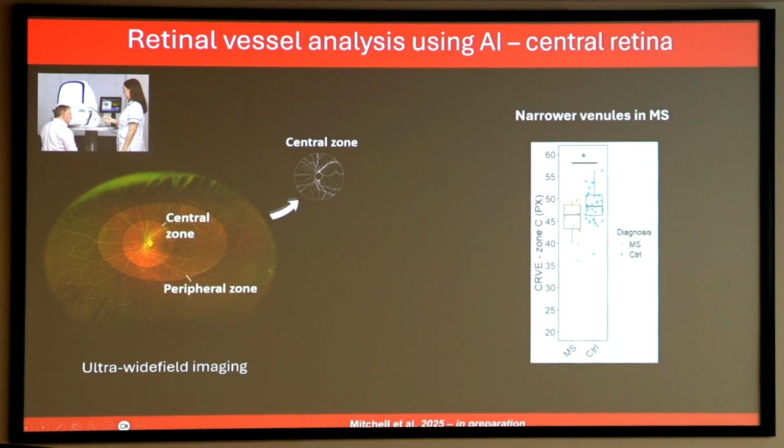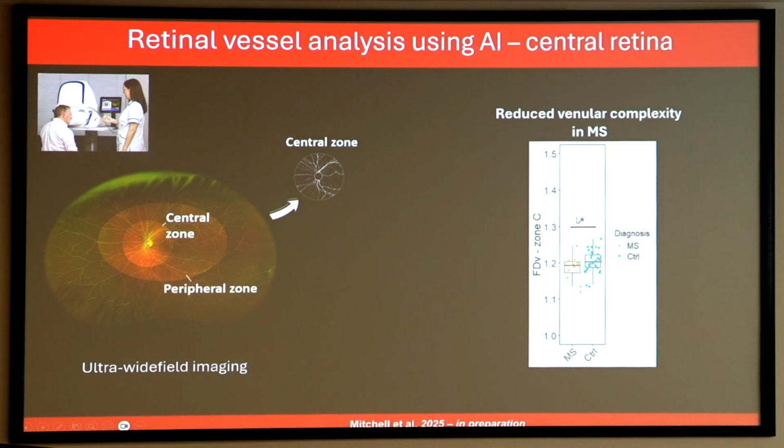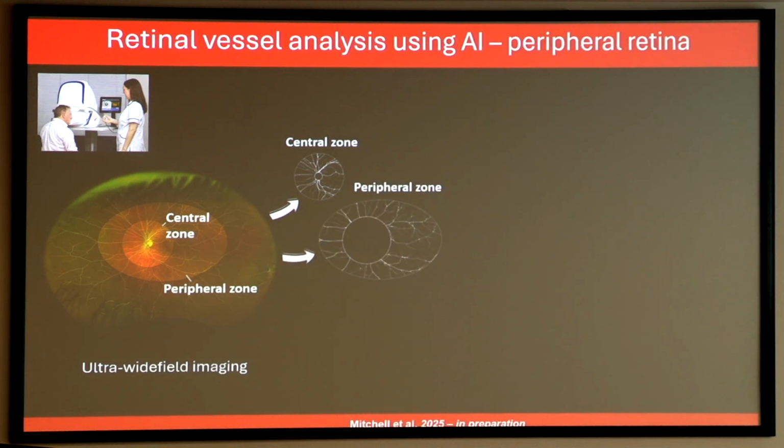And we find reduced vessel caliber, reduced venule vessel caliber, associated with MS compared to controls. And we find a sparser retinal vascular tree that applies to venules in the central retina in MS compared to controls.